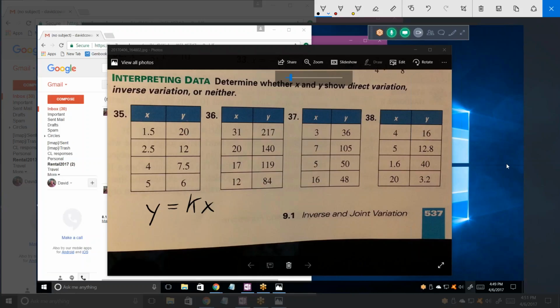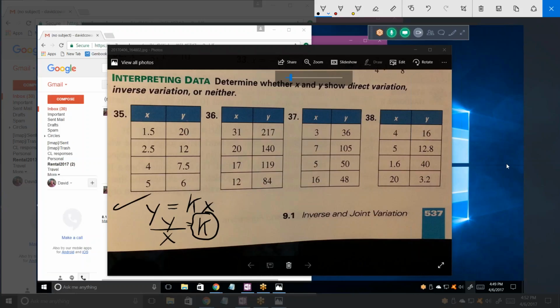And notice that in a direct relationship, it's y divided by x that is the constant. Don't get confused; you always want to remember that one. But algebra is still algebra. I can still solve for k, and k is y divided by x.